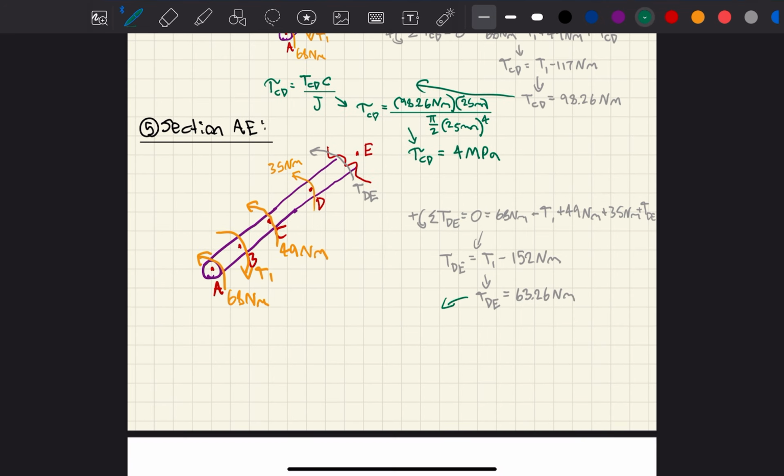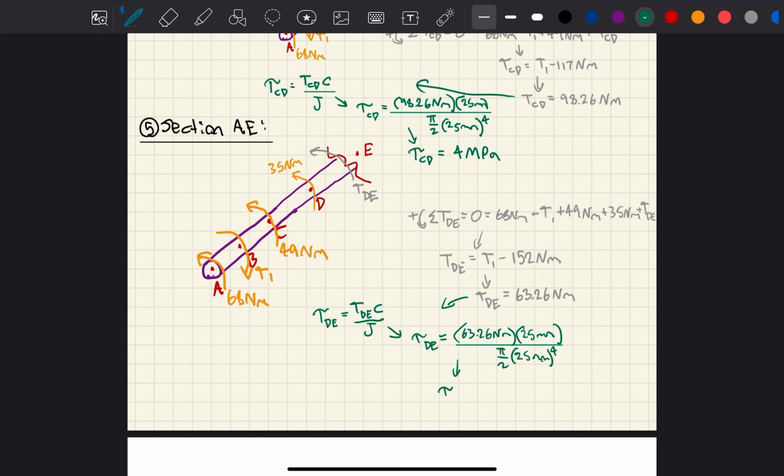Plug this into my shear stress formula. Tau DE is equal to the torque that acts at my section multiplied by C divided by J. And from this, tau DE is equal to 63.26 Newton meters, 25 millimeters, divided by pi over 2, 25 millimeters to the fourth power.